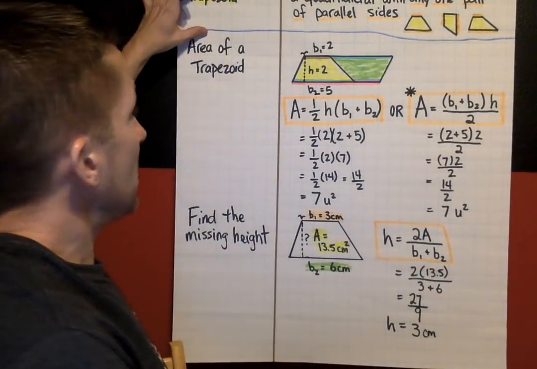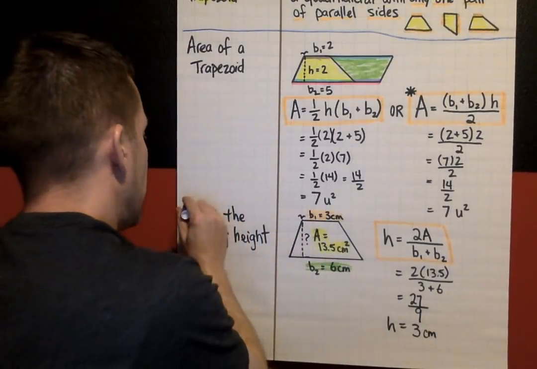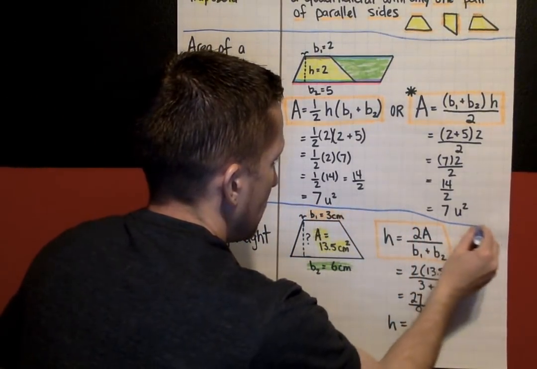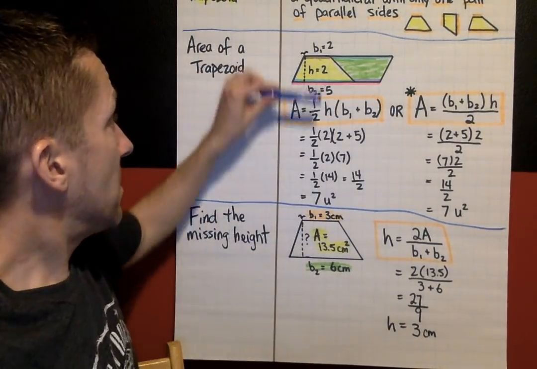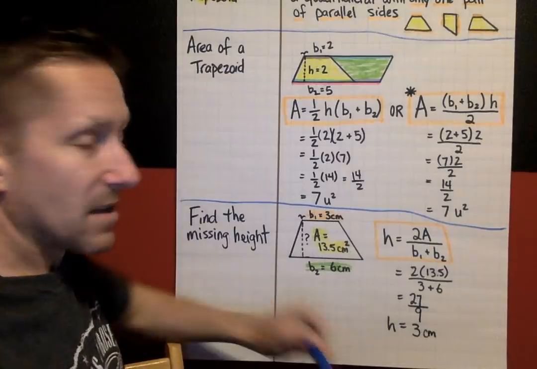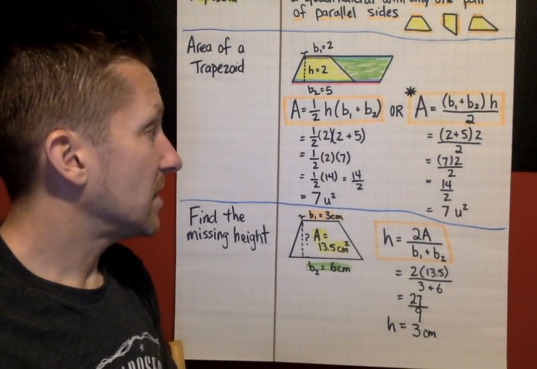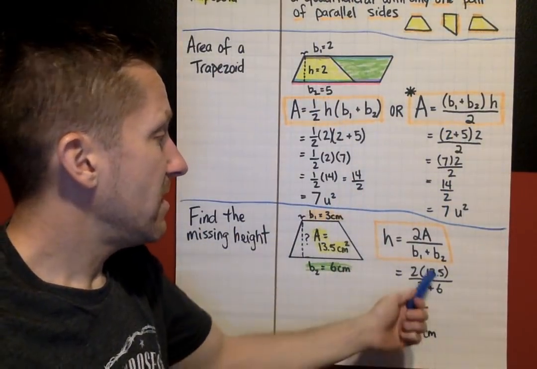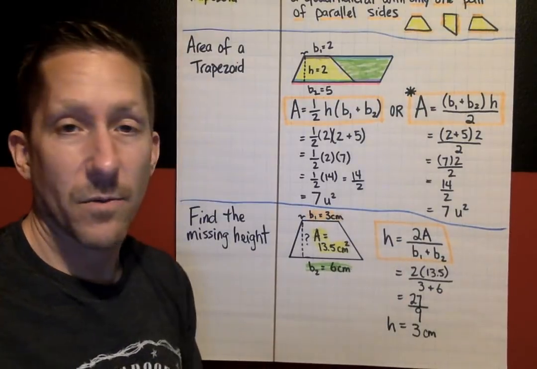So we've got meaning of a trapezoid, area of a trapezoid, and then right here I'm going to draw another separator. Find the missing height. Area of a trapezoid, find the missing height of a trapezoid. These are the 2 types of problems that you're doing today. So your work should look like this, if it's find the area, or if it's find the missing height, you're going to be using this formula, and your work would look like that.